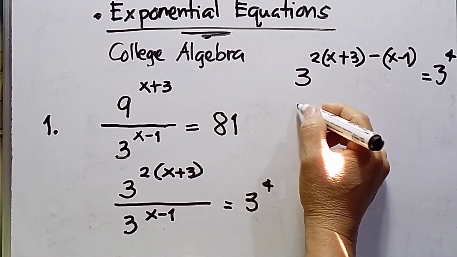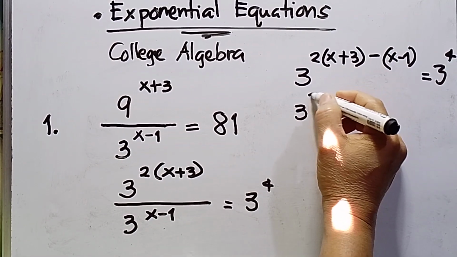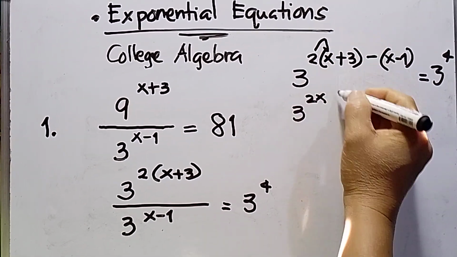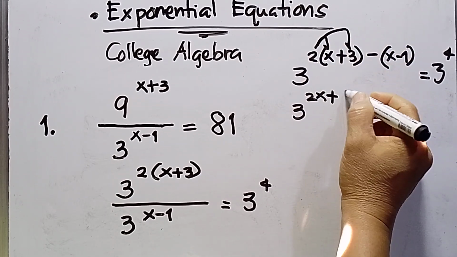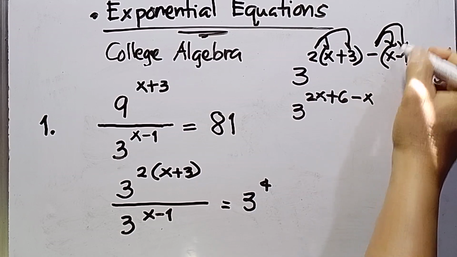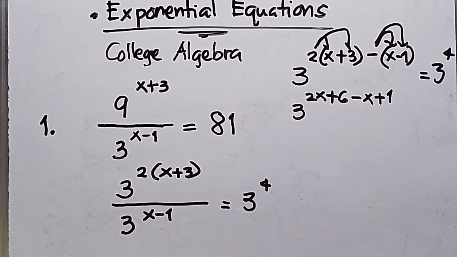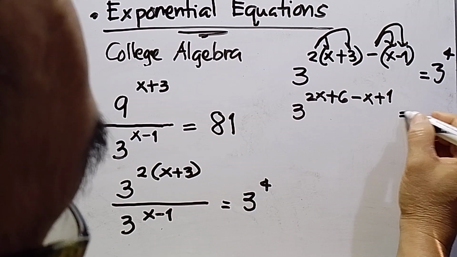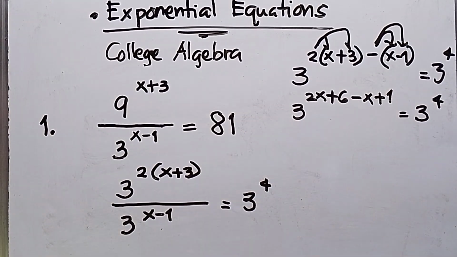So simplify, this will be 3 raised to 2x, then plus 6, then minus x, then plus 1 is equal to 3 to the fourth power.